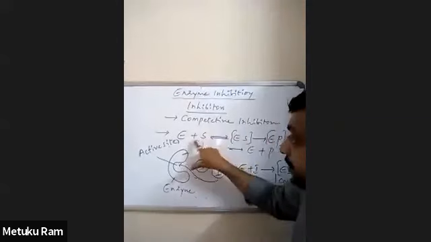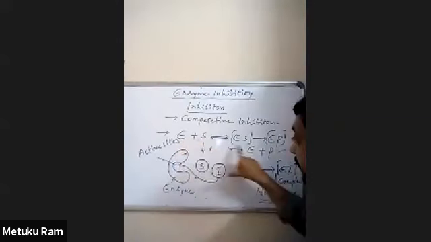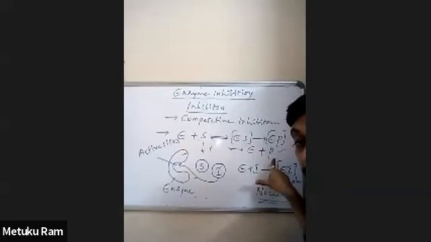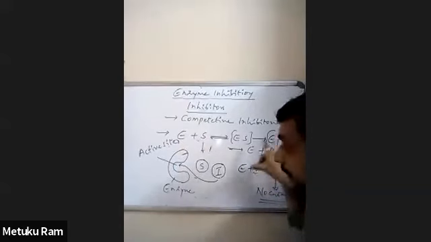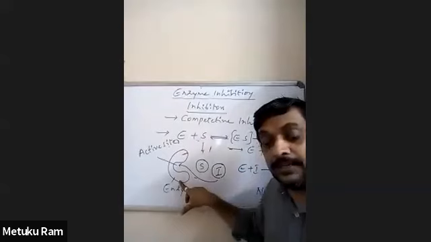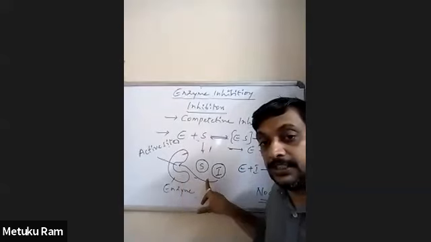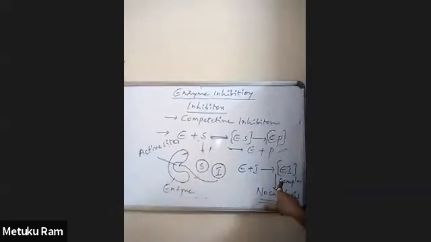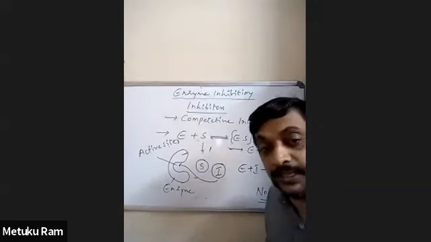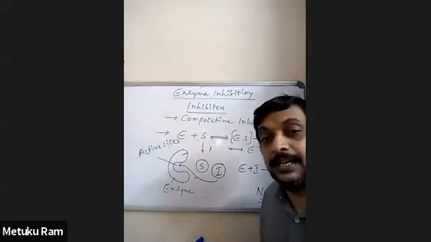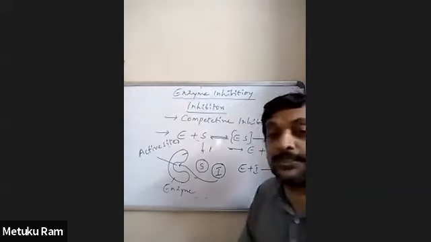In general, if a substrate binds with the enzyme, it forms an ES complex and gives rise to product. But if an inhibitor binds, the inhibitor and enzyme together form an EI complex, and ultimately no catalysis and no product formation takes place. This is competitive inhibition.